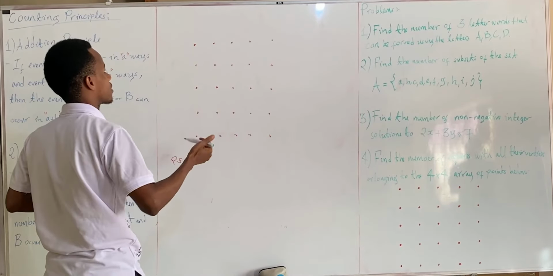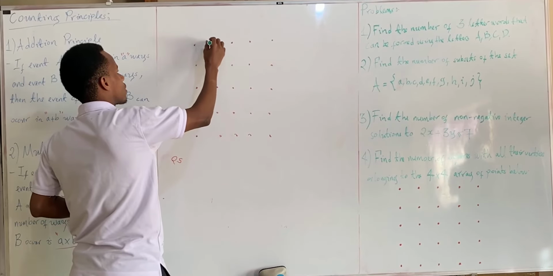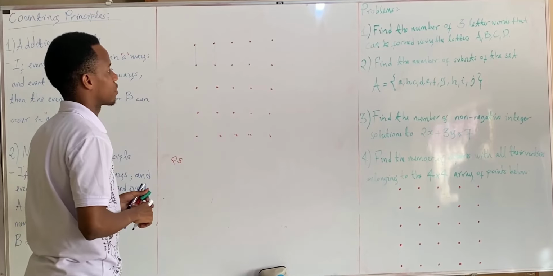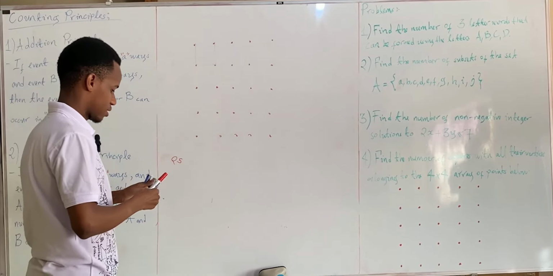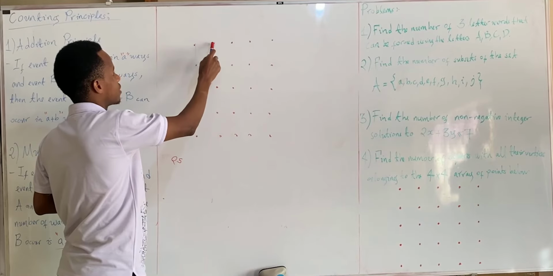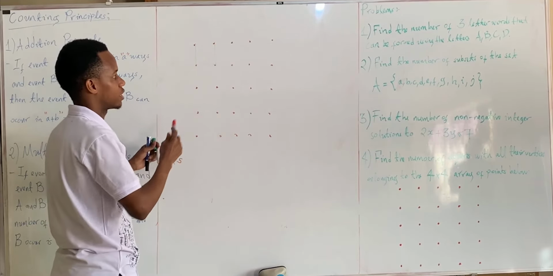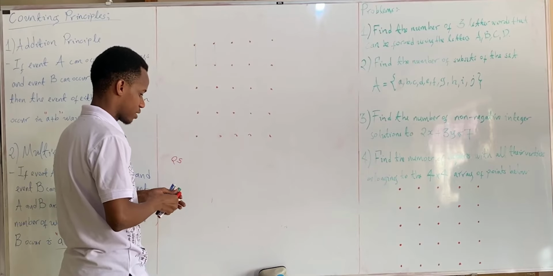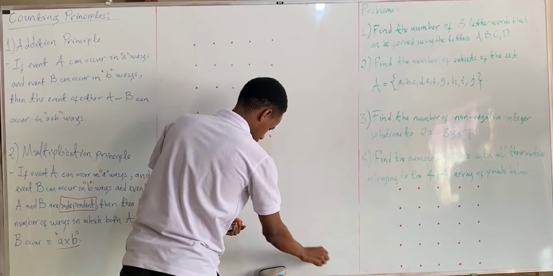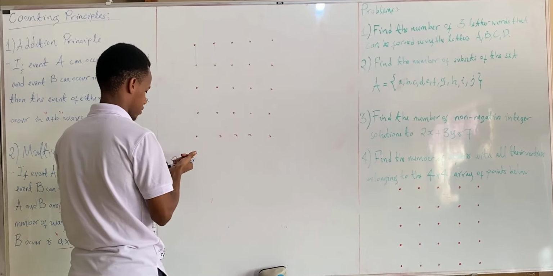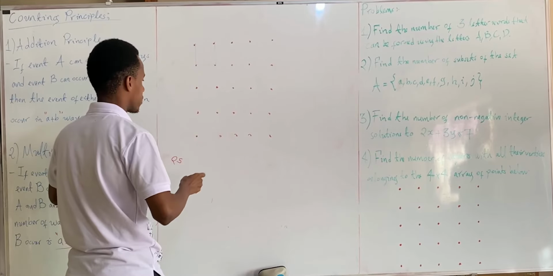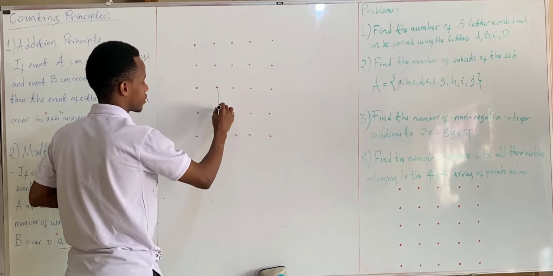So for example, one of the squares is this one here. So this is one of the squares, okay? Because the vertices are this point, this point, this point, and this point, which are all contained in here. So another example is this one.